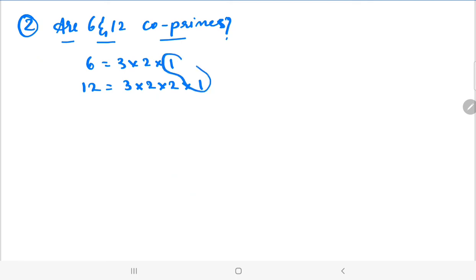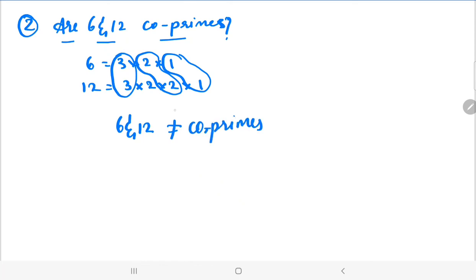Here 1 and 1 are common, 2 and 2 are common, 3 and 3 are common. As there are many multiples which are common, 6 and 12 are not co-primes.